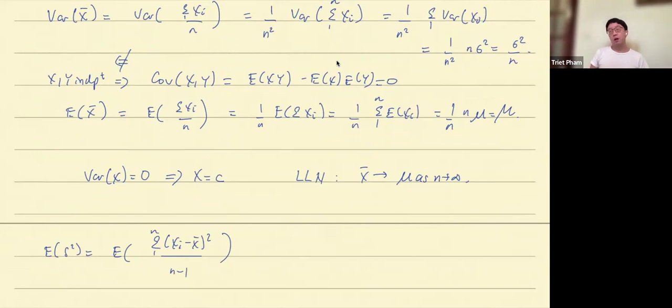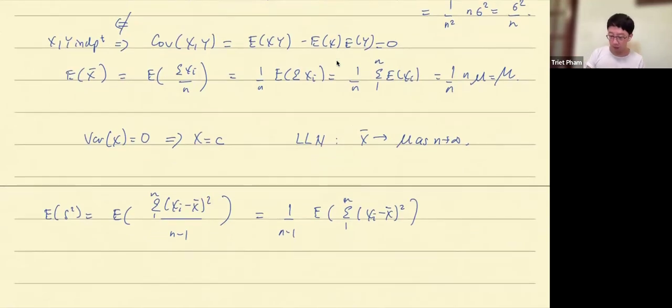First of all, of course, it's 1 over n minus 1 times the expectation of the sum of xi minus x bar squared. And if you have nothing better to do, you can just pass the expectation inside the sum and see what happens. And again, if you have nothing better to do, you might as well open up this square to see what happens.